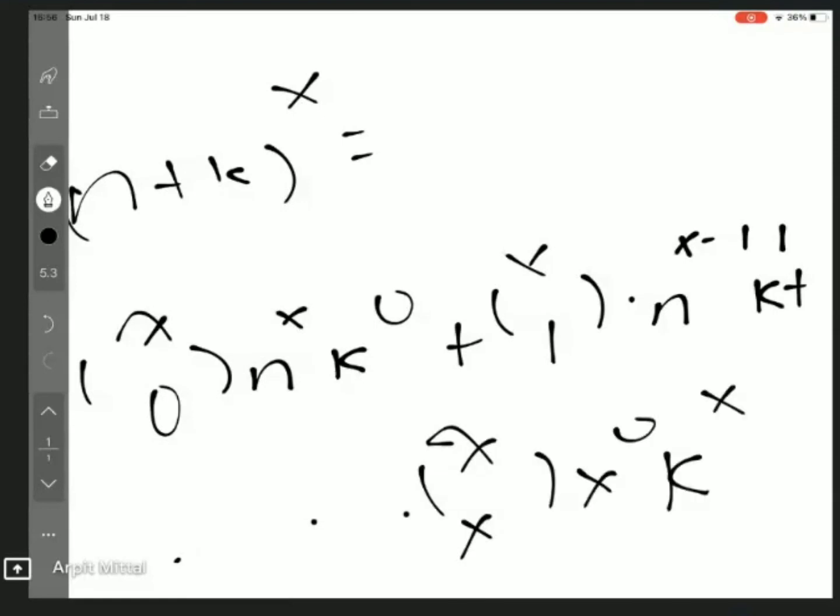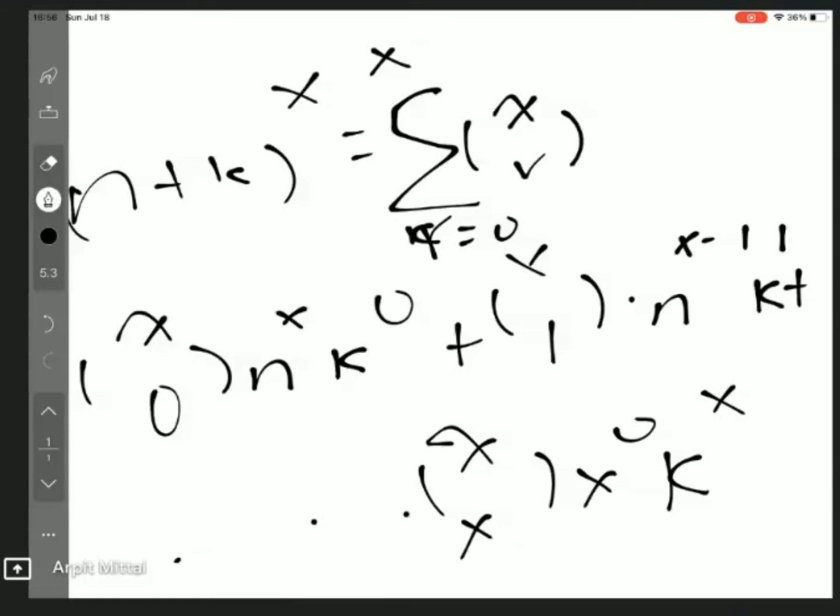So we can actually write this in sum notation as we did before. We can write this as the sum, using the variable r, from r equals 0 to x of x choose r.